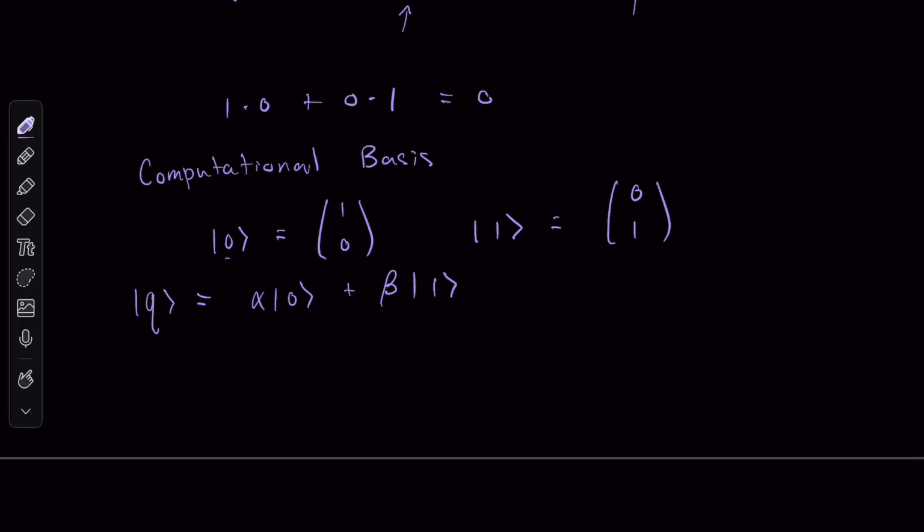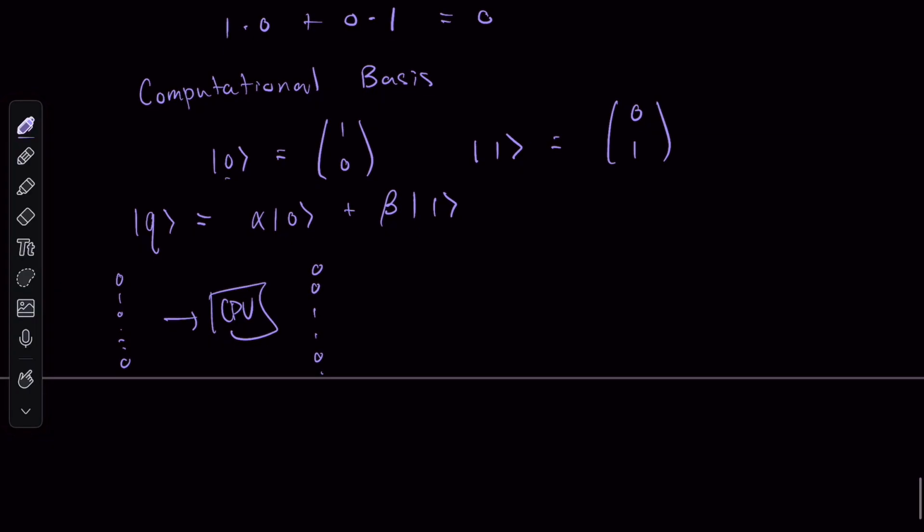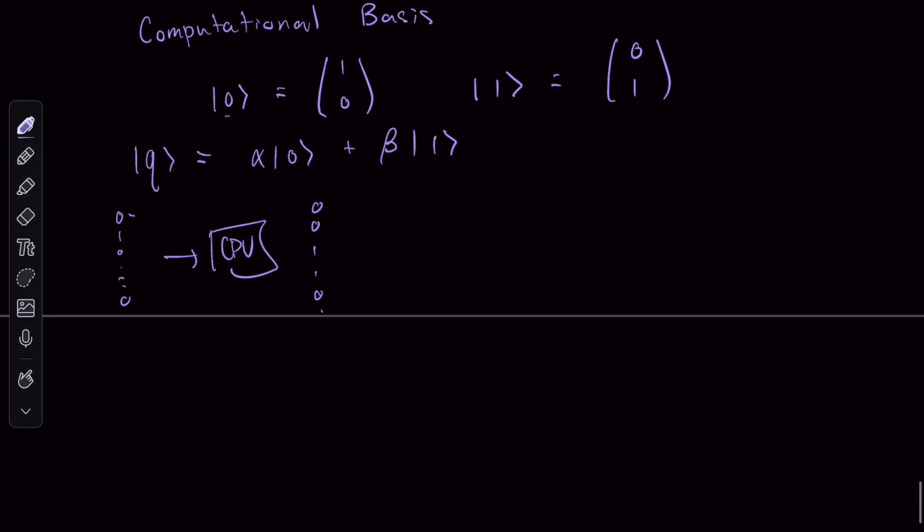And this gives us a nice analog to classical computing, where we just take a series of bits and apply some operation to get out a new series of bits that could be whatever we wanted to compute. And now instead of these bits, we're working with these qubits.